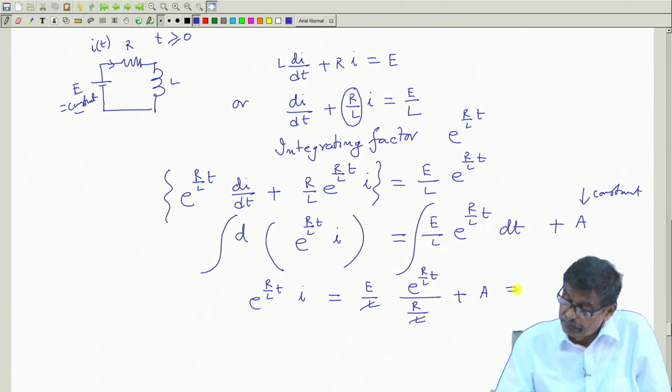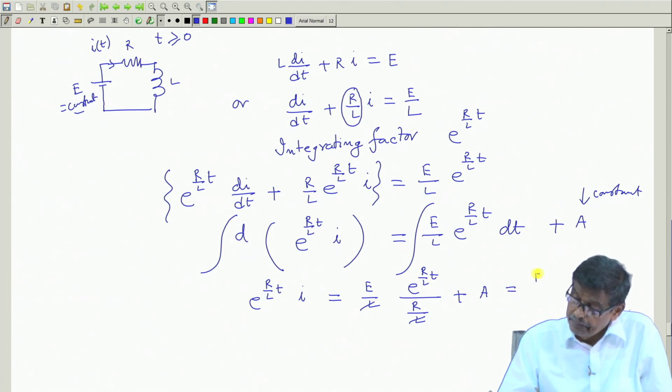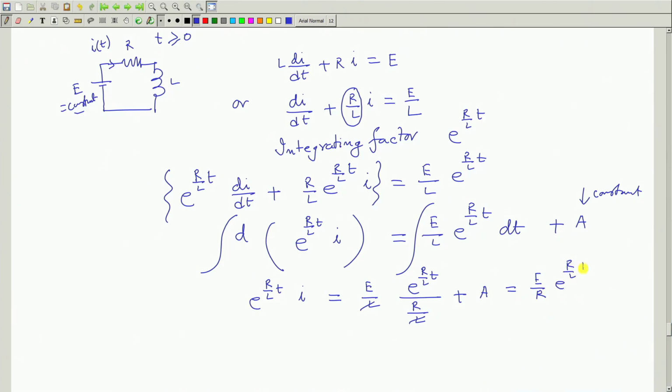So, this will be equal to E by R into e to the power R by L into t plus A. This will be the thing. I have to solve for i(t), therefore, I multiply both sides by e to the power minus R by L into t, both sides.